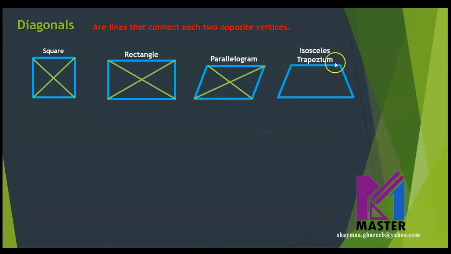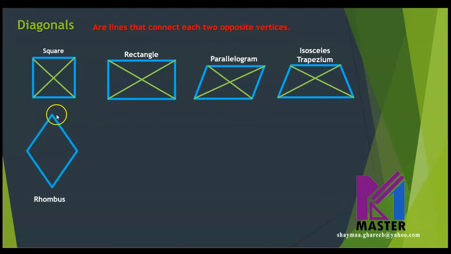Let's check isosceles trapezium. This vertex is the opposite to this one, and this one is the opposite to this one. Now let's connect opposite vertices and see. It also has 2 diagonals.